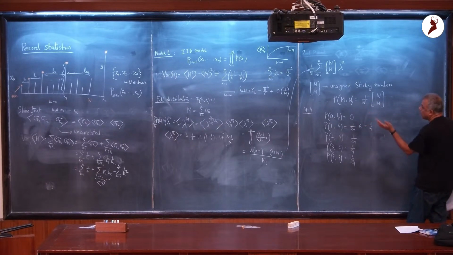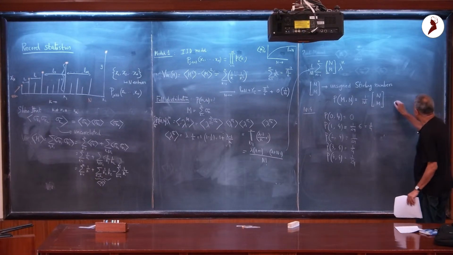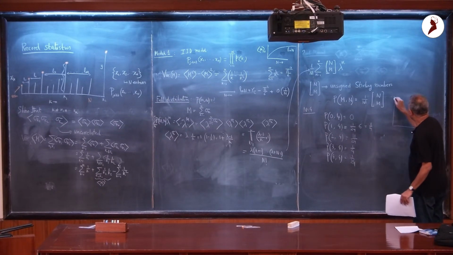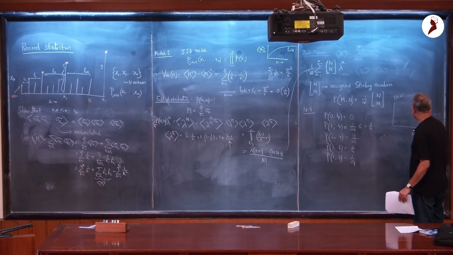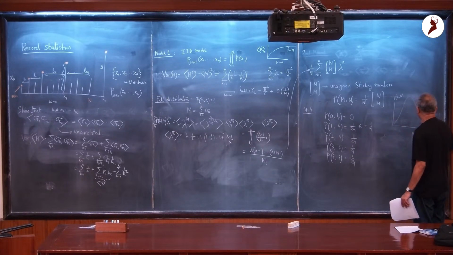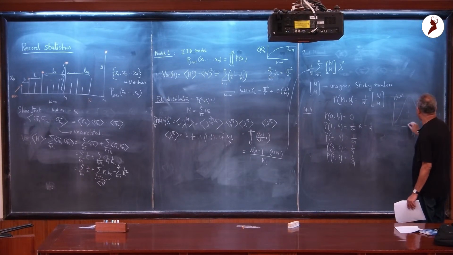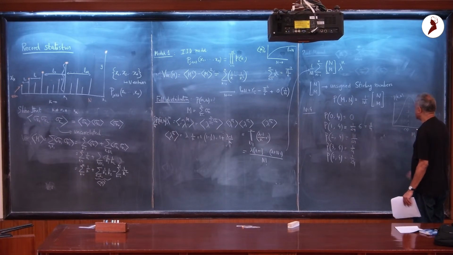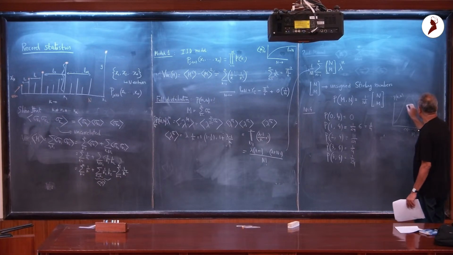You can just ask Mathematica to plot them, and what you will see is that the plot of P of M n versus M typically has a peak, and the peak will occur around the mean value, which we have seen is the harmonic number, 1 plus half plus 1/3, etc., 1 over n. And then there's a variance around that.